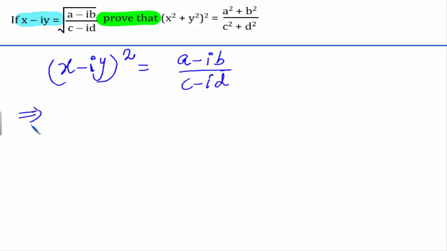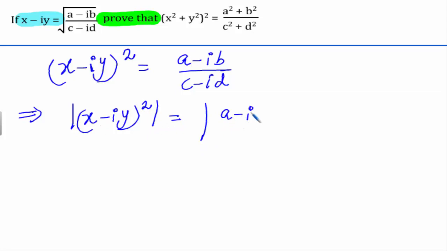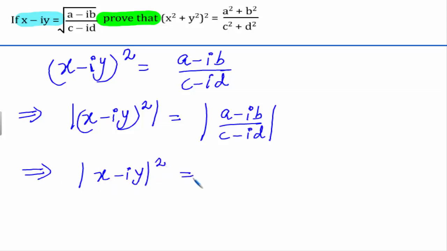This can be written as modulus of (x minus iy) whole square is equal to modulus of (a minus ib) divided by (c minus id). This can further be written as modulus of (x minus iy) whole square is equal to modulus of (a minus ib) divided by modulus of (c minus id).